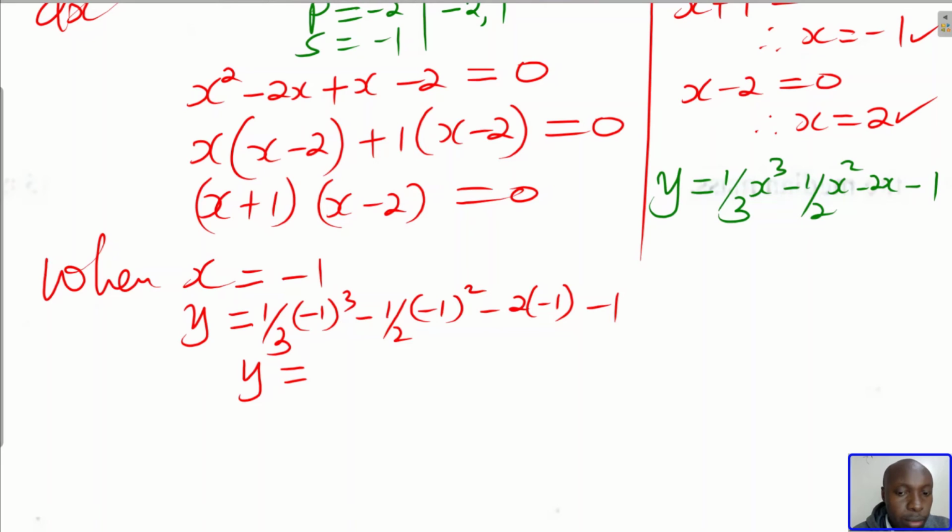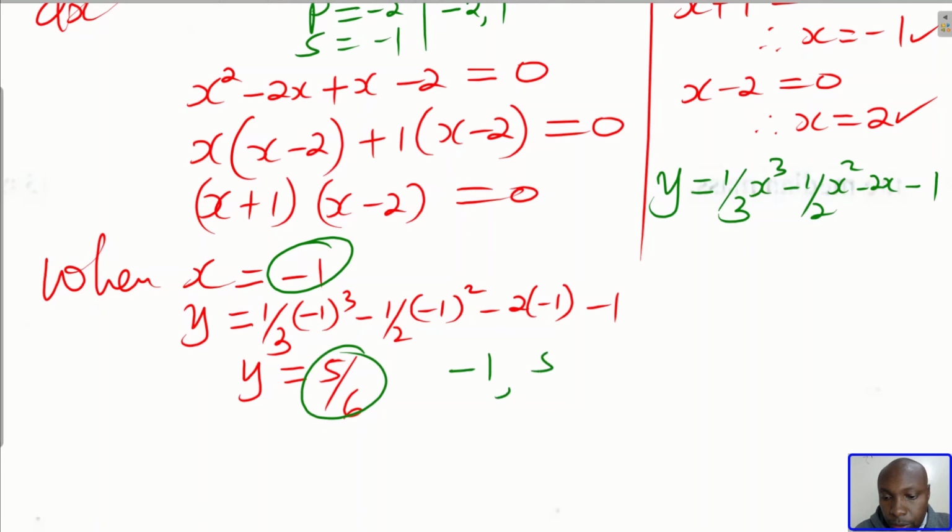So a third of negative 1, a half, and 2. So this will give 5 over 6. So therefore, when x is equal to negative 1, y is equal to 5 over 6. So the first turning point is negative 1 and 5 over 6. That is the first turning point.